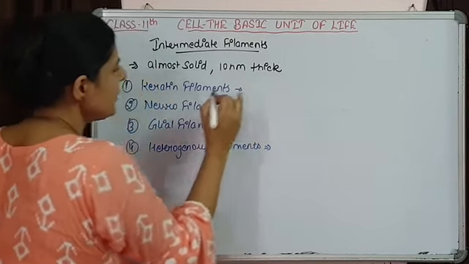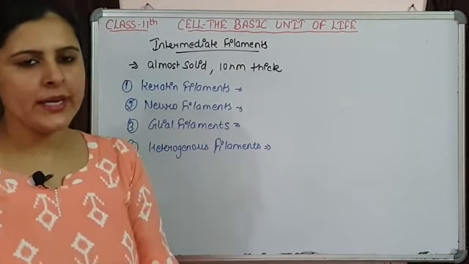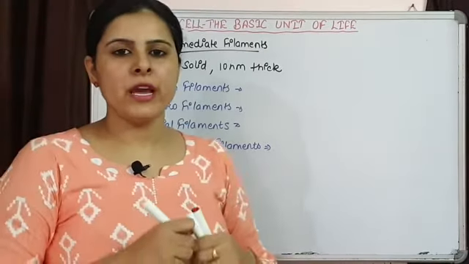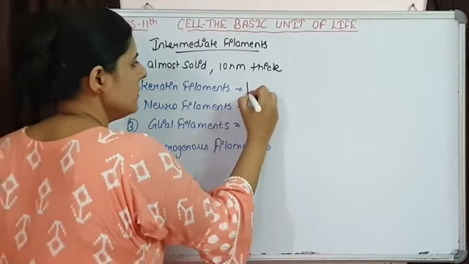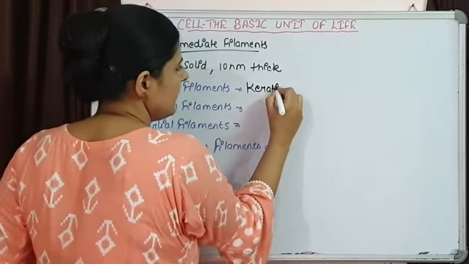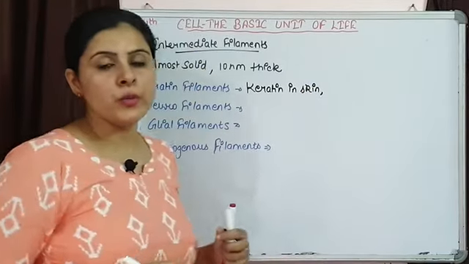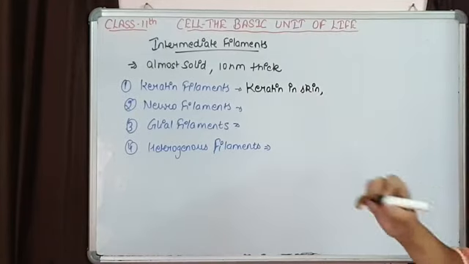Depending upon the different body parts in which they are present, there are different types of intermediate filaments. Keratin filaments are present, like we have keratin in skin, and in desmosomes they are present as tonofibrils.